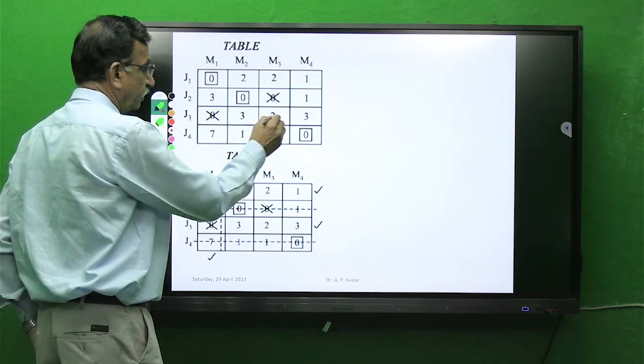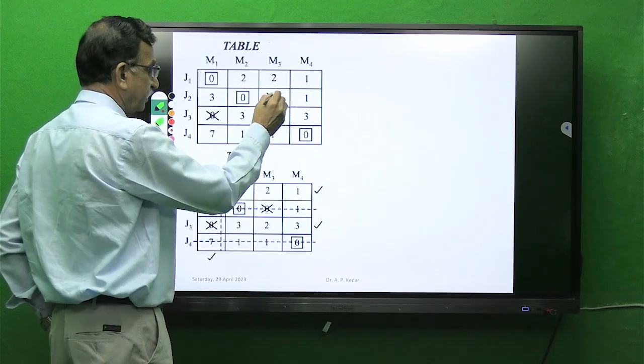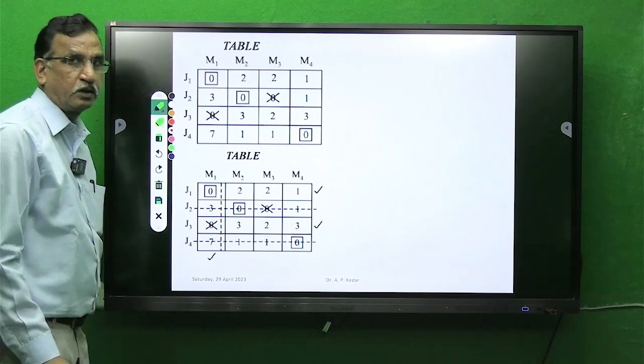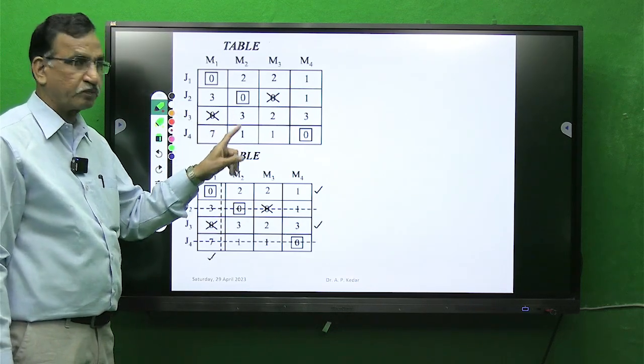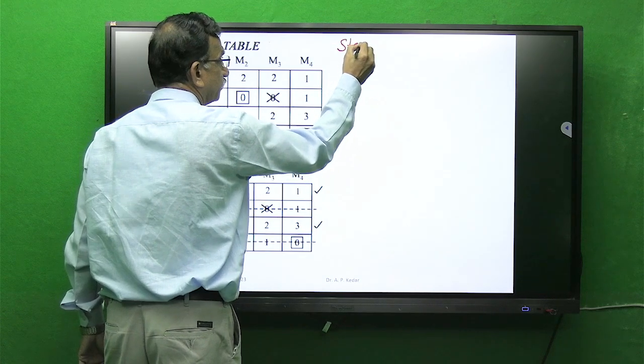Now you are ready with first row having assignment, second row having assignment, fourth row having assignment, no assignment in row number 3. So step number 5, recall step 5.